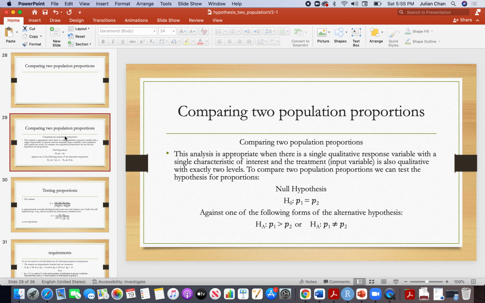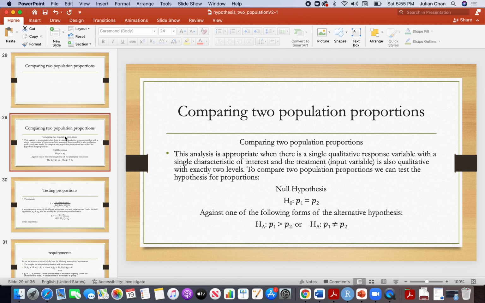That will be our numeric. This analysis is appropriate when there's a single qualitative response variable with a single characteristic of interest, and the treatment input variable is also qualitative with exactly 2 levels, 2 populations.